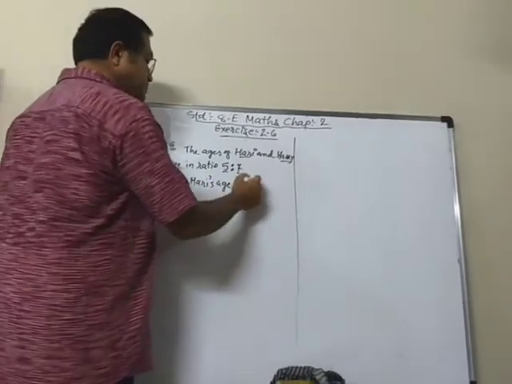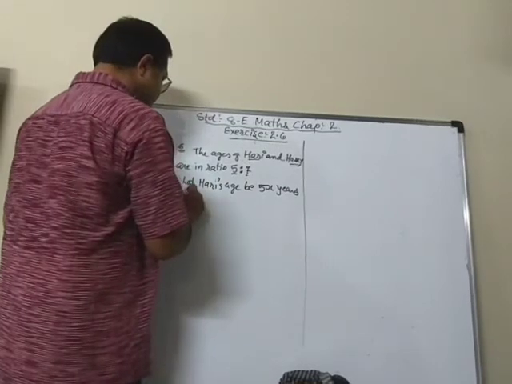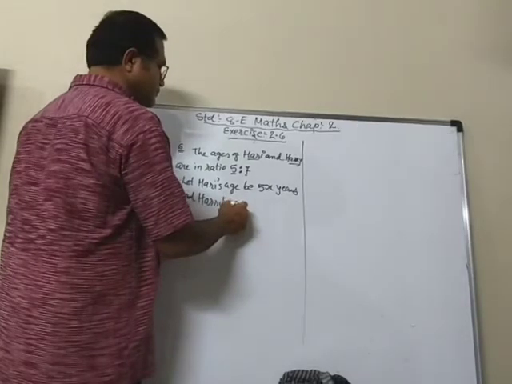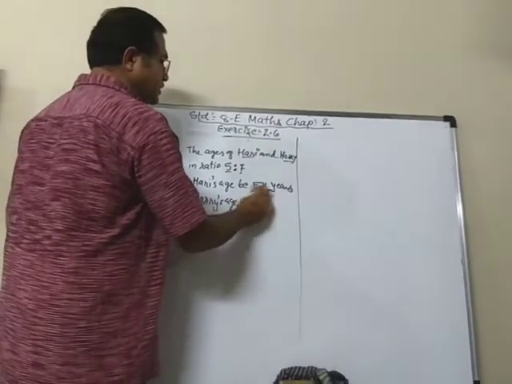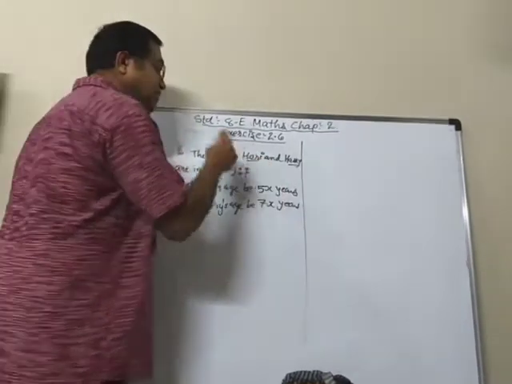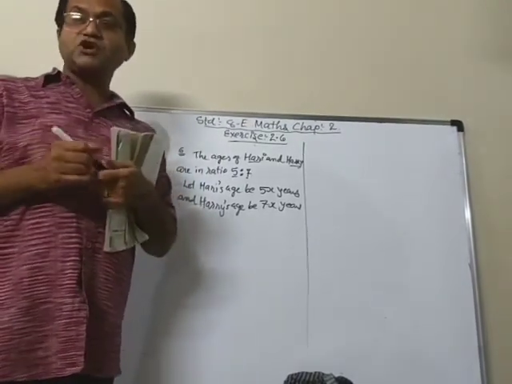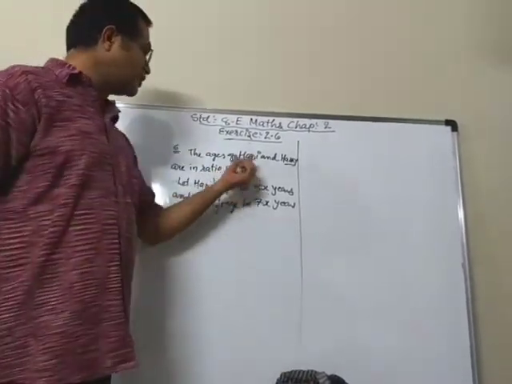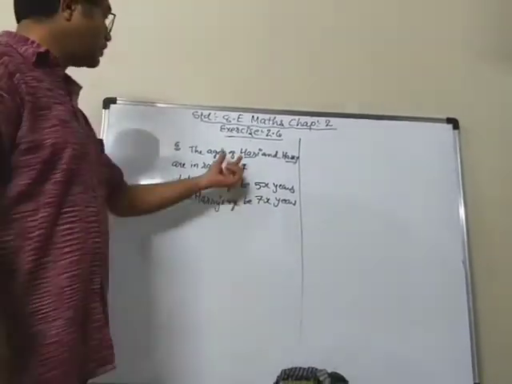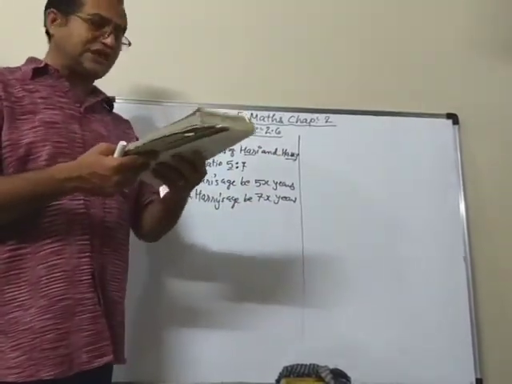So we will take Hari's age to be 5x years and Harry's age to be 7x years. Whenever there is a ratio, we can't take just a simple x alone, because the ratio of Hari's and Harry's age is 5:7. It means that we have to multiply both with x. So Hari's age will be 5x and Harry's age is 7x.